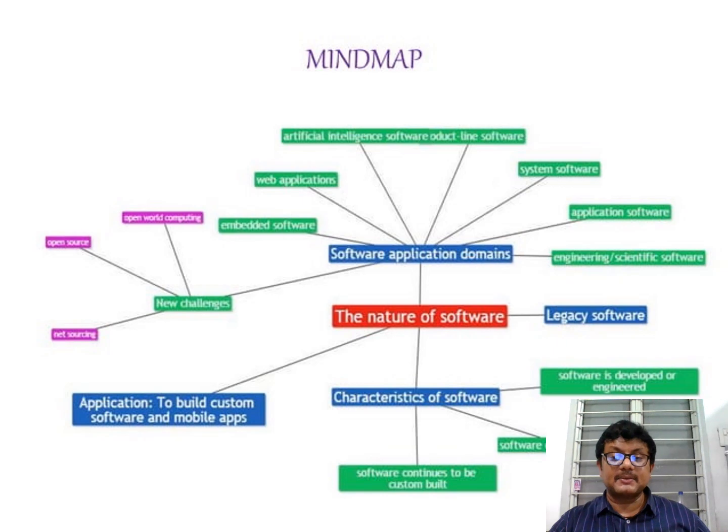Here you can see the mind map of how the software application domains are interrelated. If you see the embedded software, web applications, artificial intelligence software, system software, application software, engineering scientific software, and the nature of software, legacy software, characteristics of software.